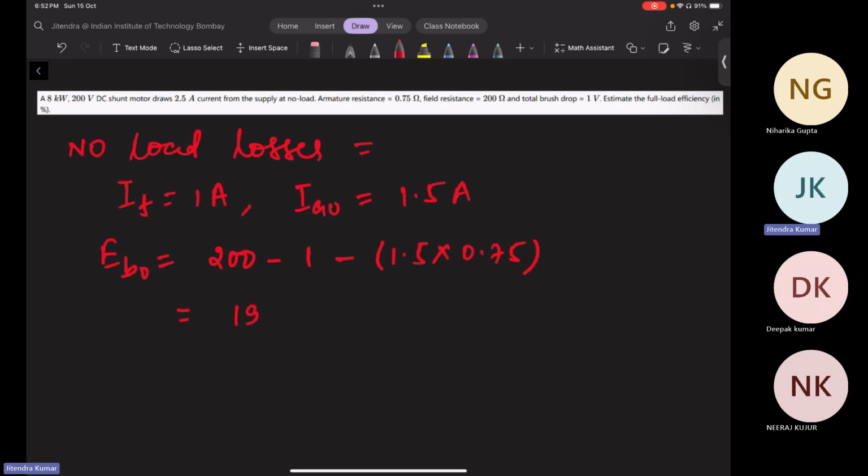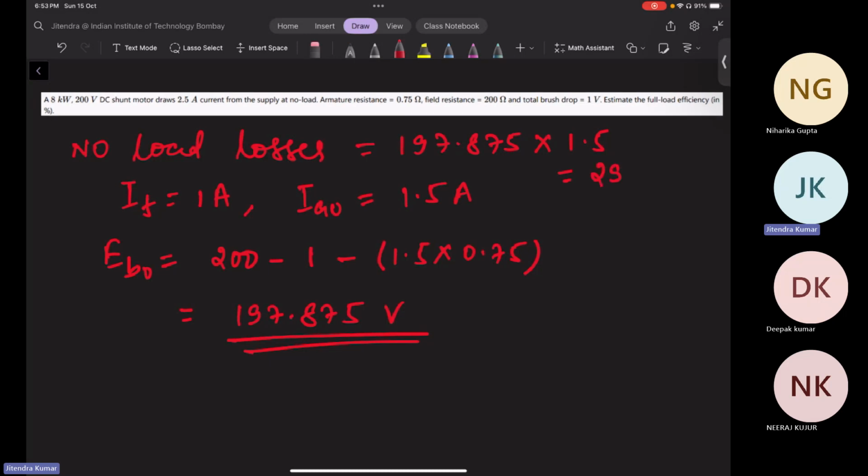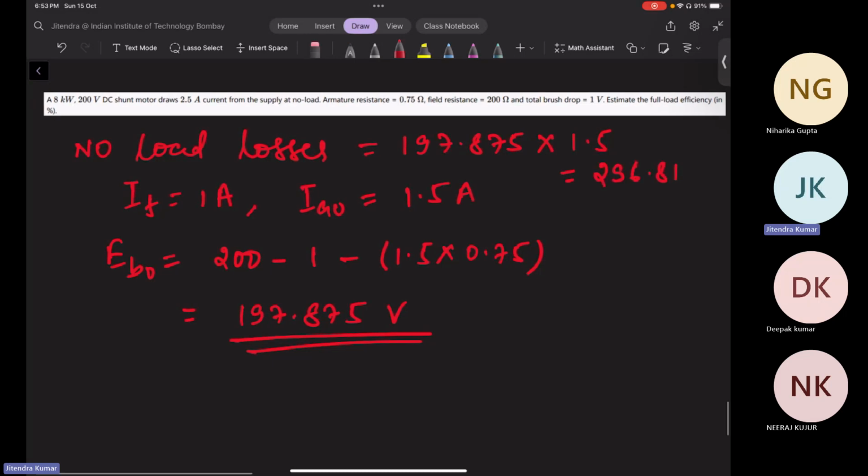It will be 197.875 volt. Now the no load losses will be 197.875 into IA0, 1.5, that will be 296.8. So this is the no load losses.